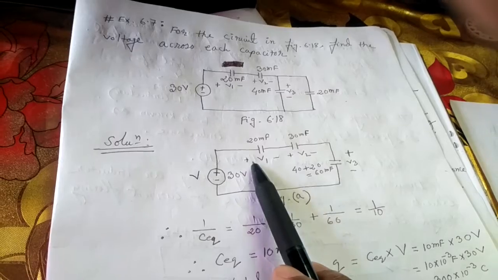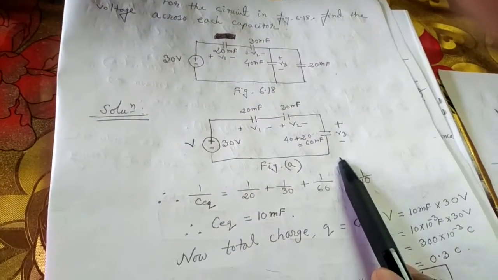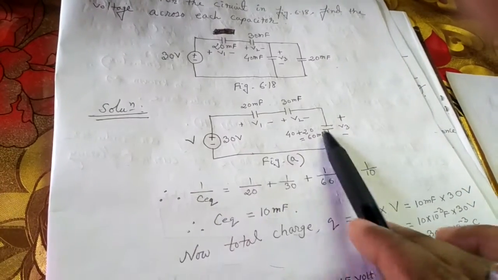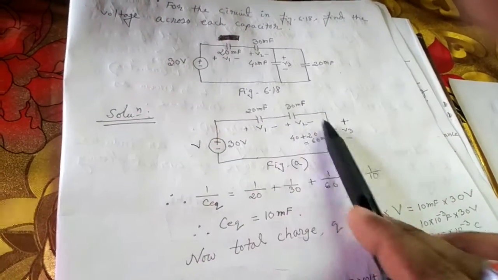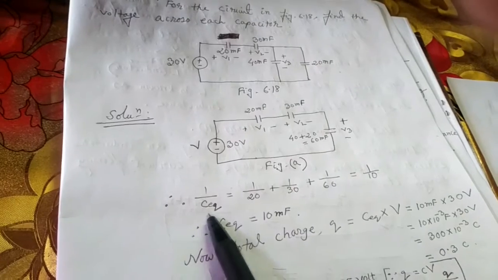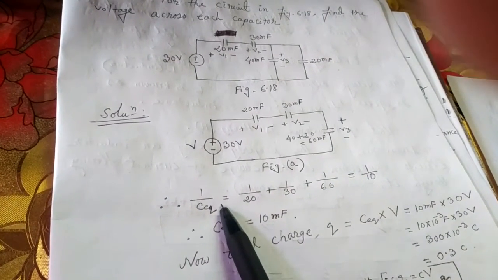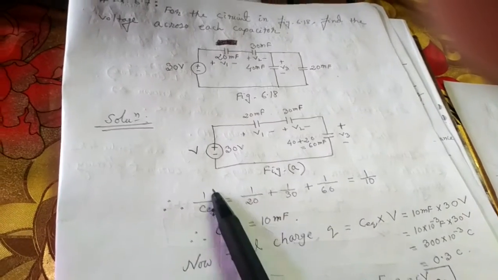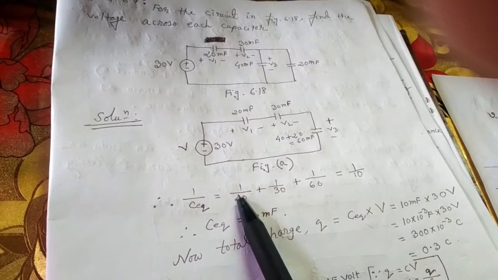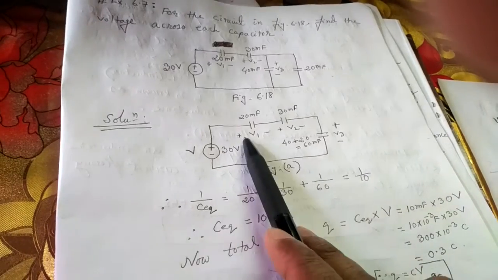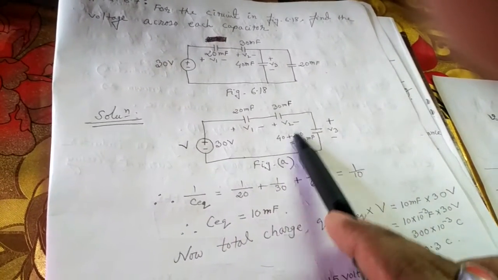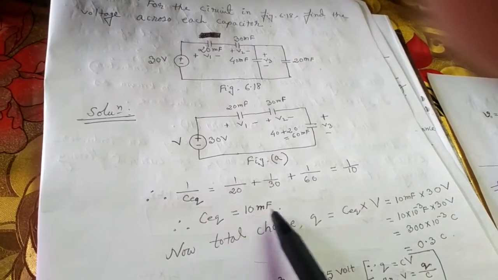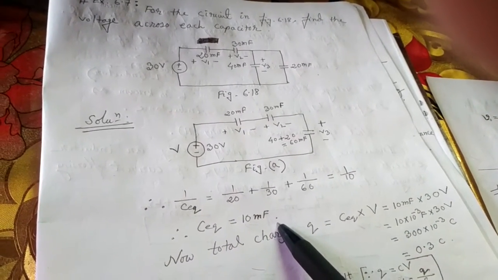Our target is to determine V1, V2 and V3. First we need to determine the total equivalent capacitance, C equivalent. Since they are connected in series, 1 divided by C equivalent equals 1 divided by C1 plus 1 divided by C2 plus 1 divided by 60 millifarad. Ultimately we get 1 by 10, so C equivalent equals 10 millifarad.